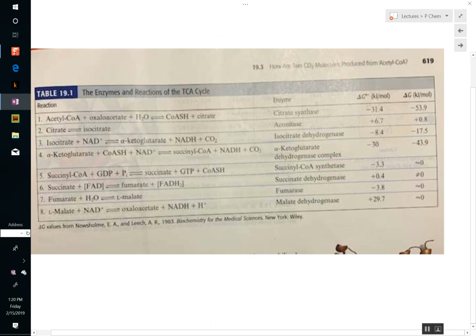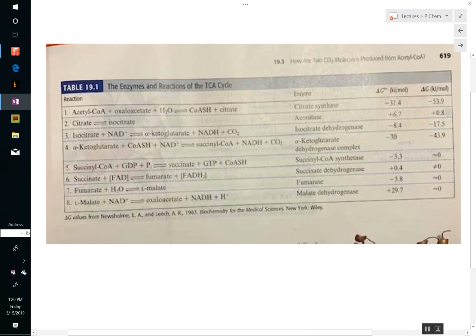Here they are. Acetyl-CoA to citrate. Now there's the delta G under standard conditions. There's the delta G kind of under human metabolism conditions. So highly exothermic. Citrate to isocitrate takes a little bit of energy to get there.